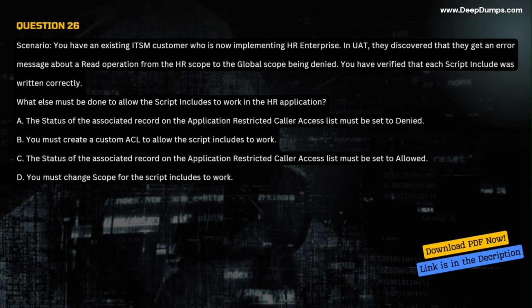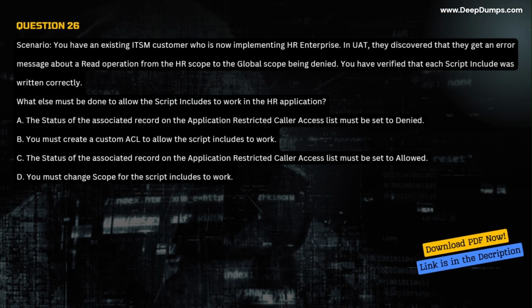Question 26. Scenario: you have an existing ITSM customer who is now implementing HR Enterprise. In UAT, they discovered that they get an error message about a read operation from the HR scope to the global scope being denied. You have verified that each script include was written correctly. What else must be done to allow the script includes to work in the HR application? A. The status of the associated record on the application restricted caller access list must be set to denied.